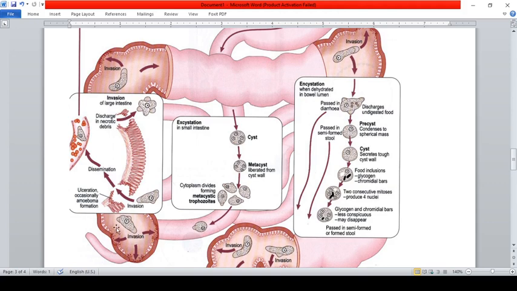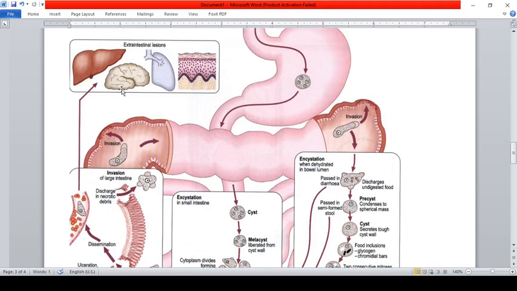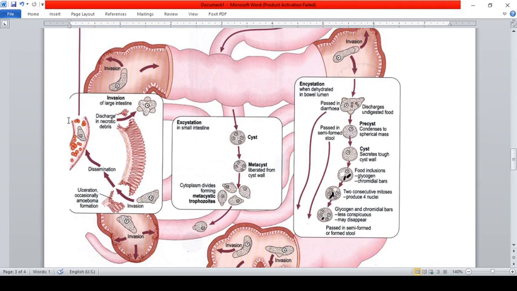It can cause an invasion, causing ulceration and amoeboma formation that may result in extraintestinal infection or lesions or disease, targeting the liver, the brain, and the lungs. As you can see here also, guys, invasion of the large intestine can possibly lead to discharge of necrotic debris.